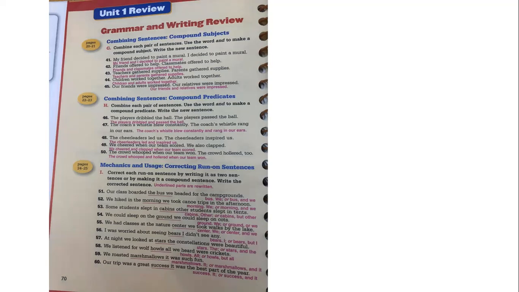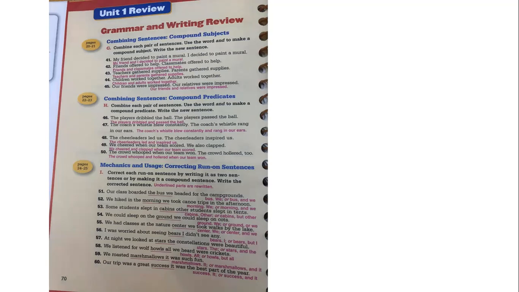Number 58: We listened for wolf howls, all we heard were crickets. We listened for wolf howls, period, capital A, or we can use the conjunction "but." In this case, we listened for wolf howls, comma, but all we heard were crickets. Number 59: We roasted marshmallows. It was such fun.